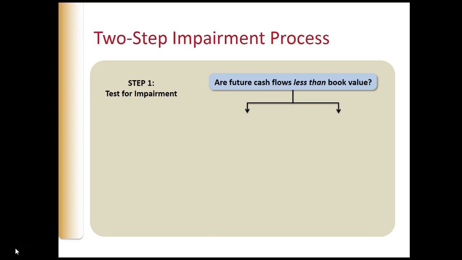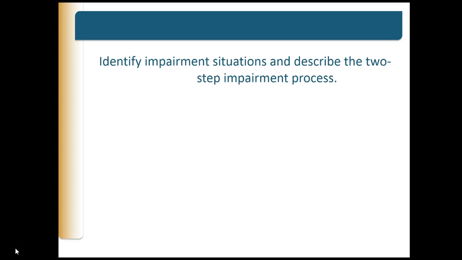The impairment loss is the amount by which the book value exceeds the fair value. What is the overall financial statement effect of the impairment loss? The impairment entry reduces net income in the income statement and reduces total assets in the balance sheet.